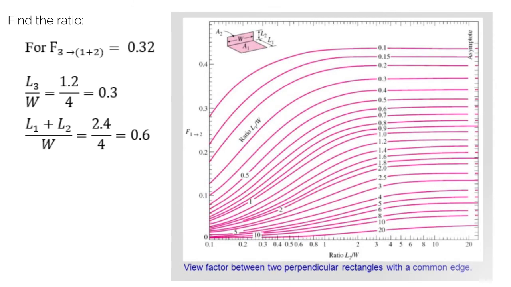So we bring those values to the view factor chart. For the x-coordinate, we take L1 plus L2 over W, which is 0.6. Then we intersect with the line of 0.3, which is the ratio of L3 over W. Then we bring the intersection to the y-coordinate to find the view factor from 3 to the combination of surfaces 1 plus 2, and we get 0.32.